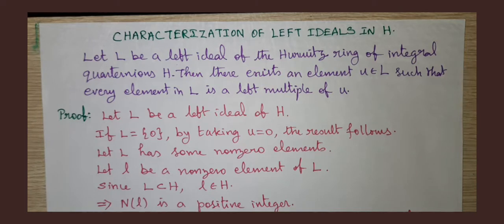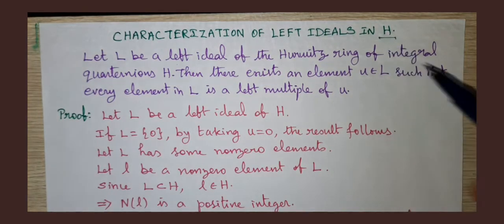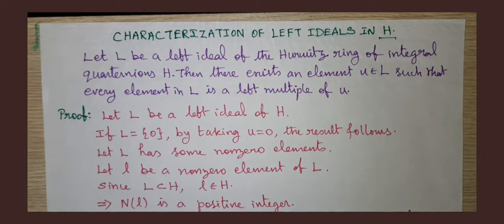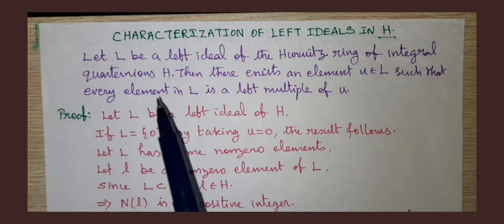Characterization of left ideals in H. Here H is the Hurwitz ring of integral quaternions. This result helps us to study the behavior of left ideals in Hurwitz ring. Look at the statement.